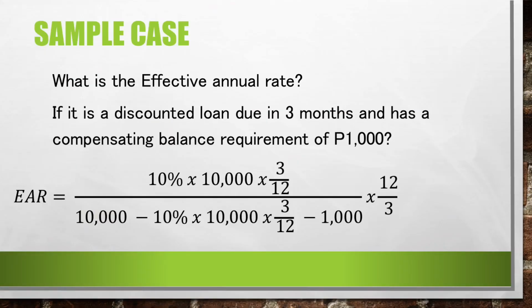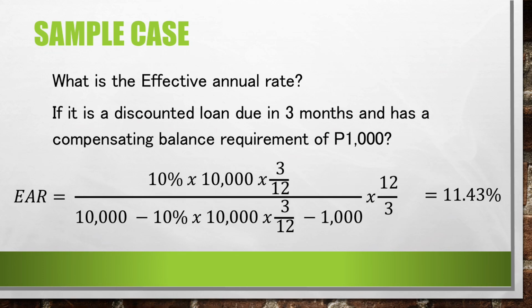The effective annual rate is 10% times 10,000 times 3/12, considering the loan will be outstanding only for 3 months, divided by 10,000 less 10% times 10,000 times 3/12 to account for discounting, and further less 1,000 the compensating balance requirement. Since this loan is outstanding for 3 months only, we have to annualize it by multiplying by 12 divided by 3. That would give us an 11.43% effective annual rate.